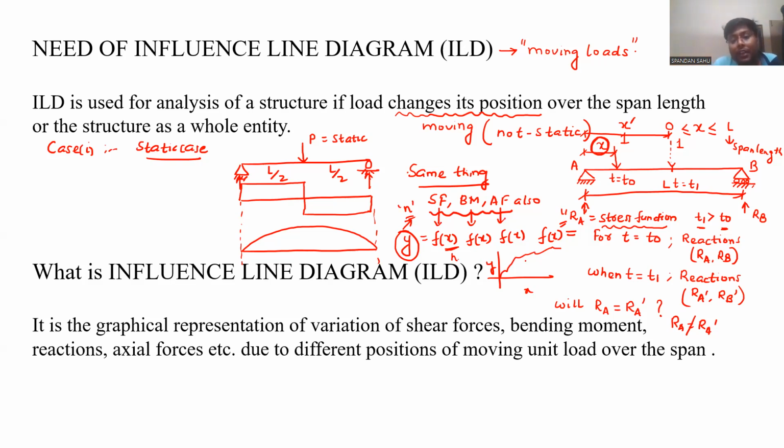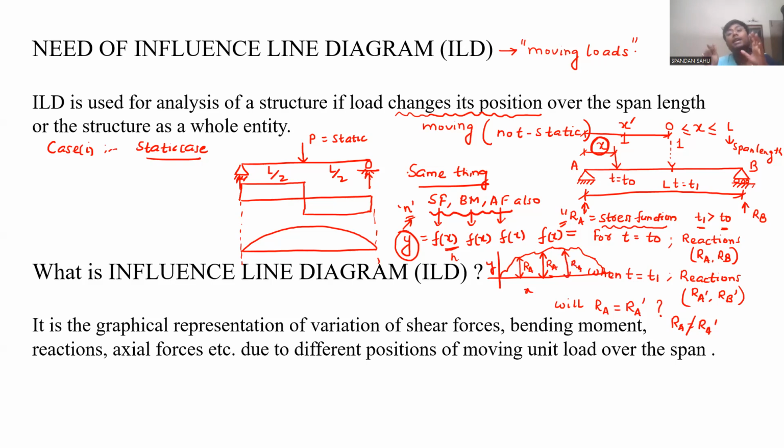And suppose this point or this point, what will it represent? Suppose we are drawing for reaction, and this is some arbitrary curve I am drawing. Suppose RA, and this is also RA. This is also RA.